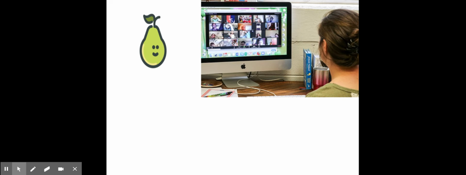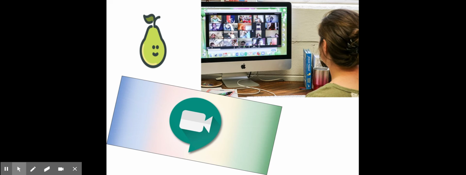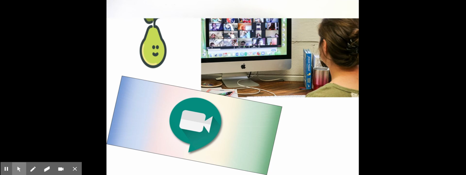And you can use Pear Deck or even just the chat box in Google to have students practice that language. We don't want them to go to a completely different platform or have to have lots of different clicks before we get there. Ideally, this is just a quick moment during the lesson where they can practice that language.